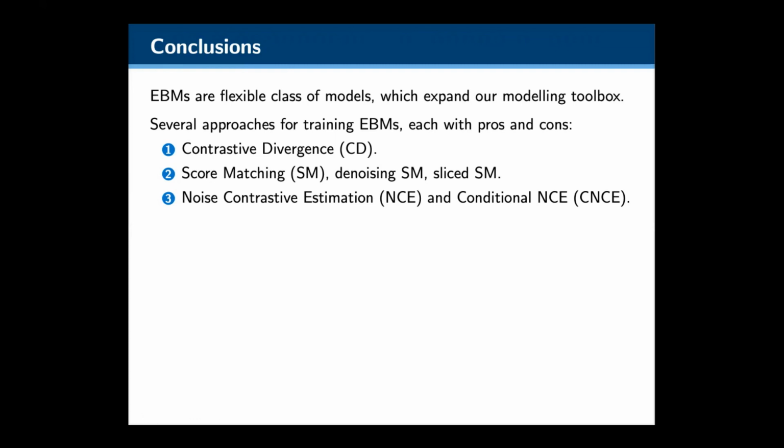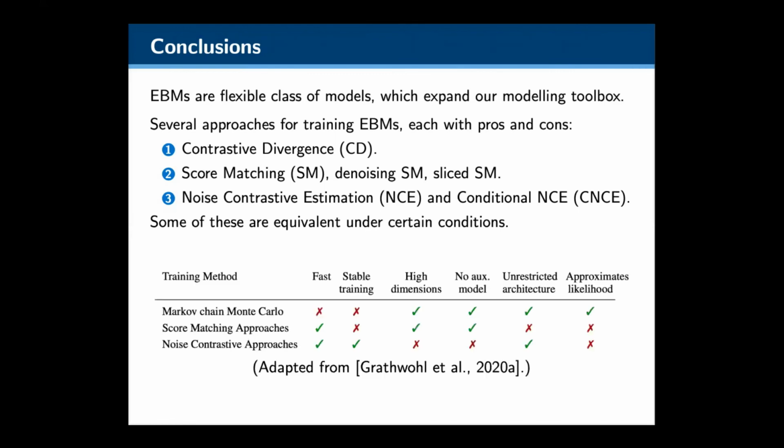And conditional NCE solves some of the problems, but itself is not perfect either. We also saw some of these are equivalent under certain conditions. And in summary, this is a table adapted from Grathwohl et al, which summarizes the various features of the different approaches.